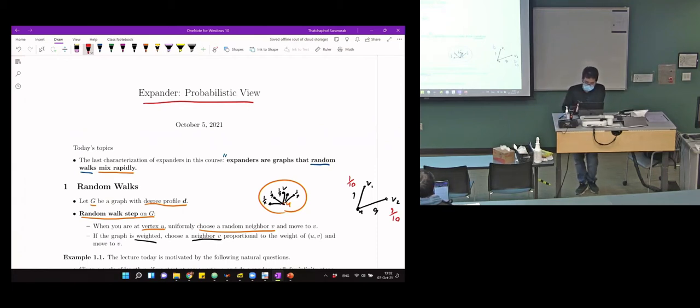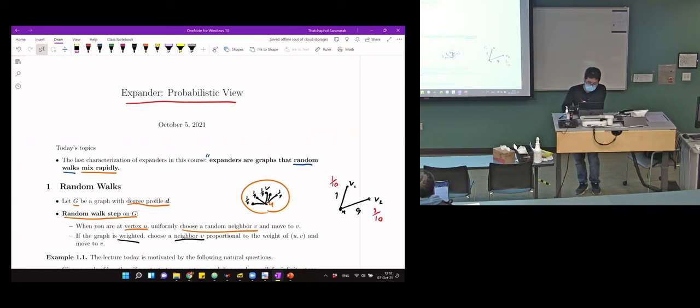And can you remind me what is this matrix? Lazy random walk matrix that encodes how lazy random walk is? A D inverse, plus I, divided by 2.